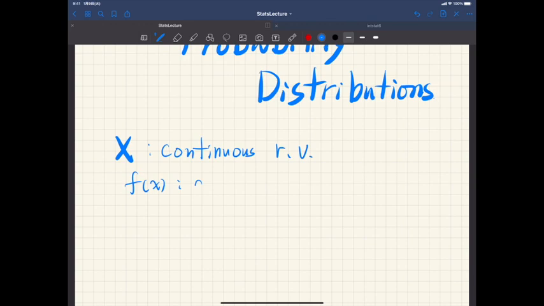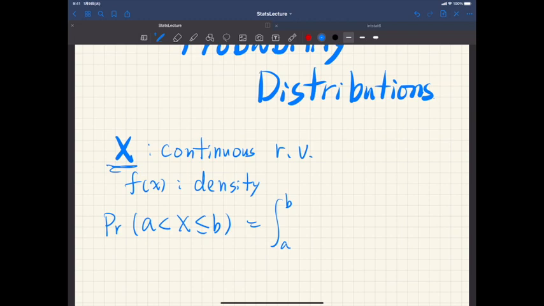Let's say this is the density function such that the probability that this random variable takes a value between a and b is given by this integral.